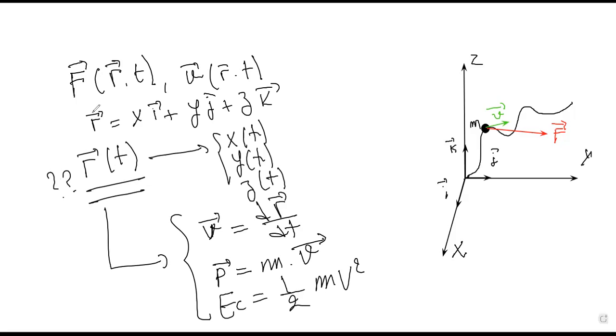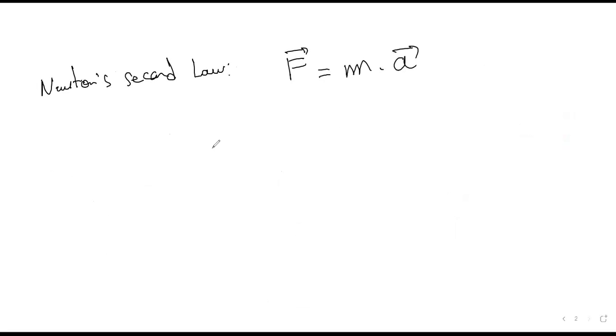And simply we apply Newton's second law, which is given by the force, which is equal to the mass times a, where a is the acceleration of our particle and is defined as the derivative of the velocity with respect to the time, which is equal also to the second derivative of the position with respect to the time.